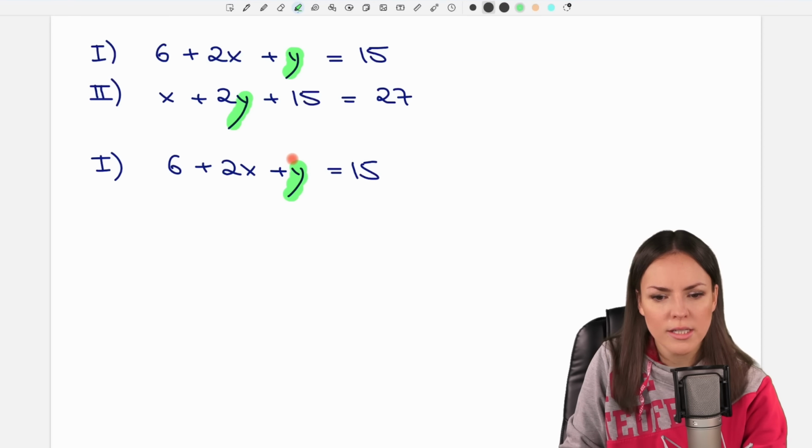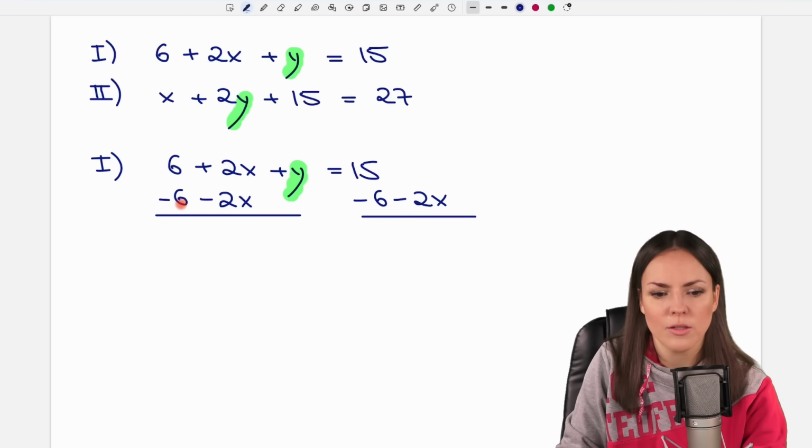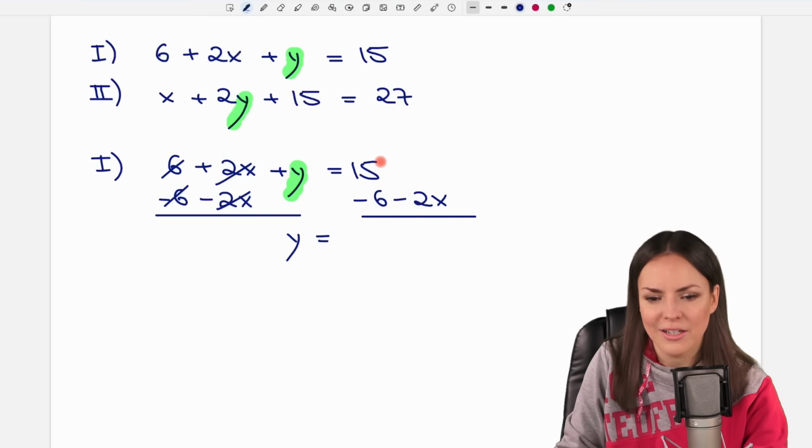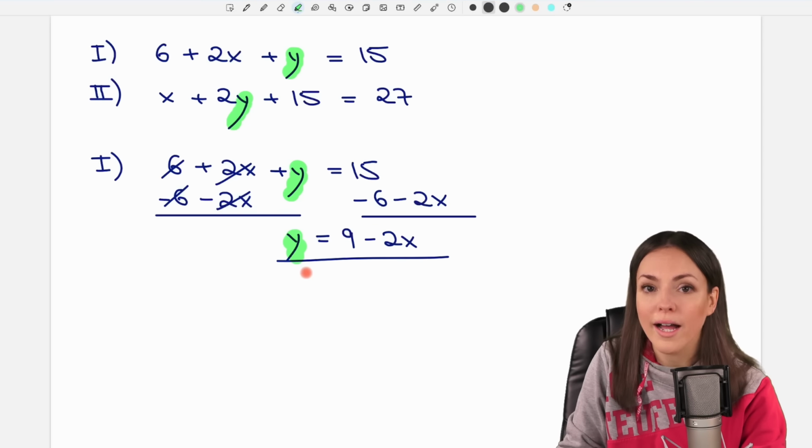If we want to do this, we want to get rid of this stuff here, so we subtract it on both sides of the equation so that 6 minus 6 cancels out, 2x minus 2x cancels out, and only our y is left. And on the other side, 15 minus 6 equals 9, and the minus 2x. So we solve for y.